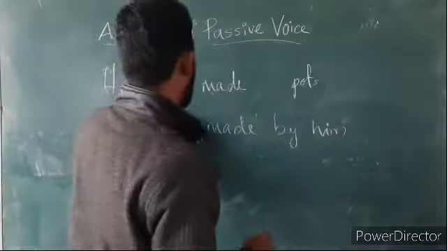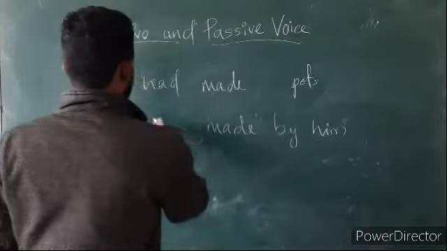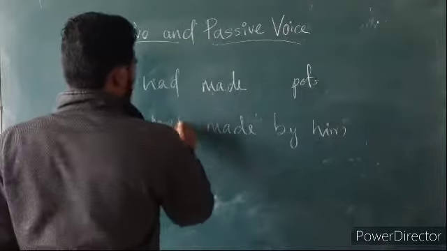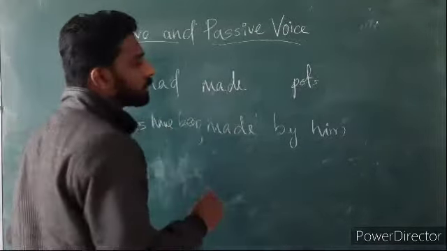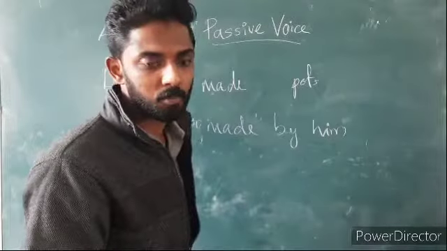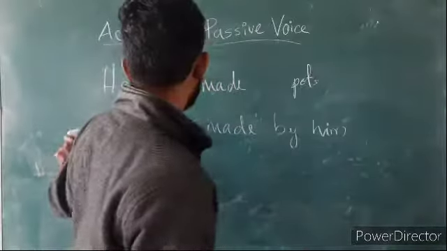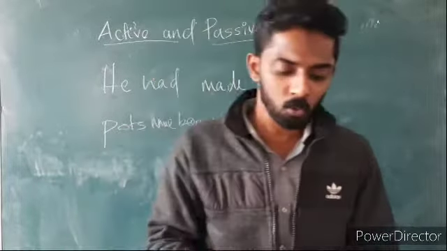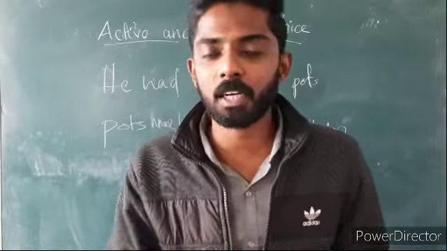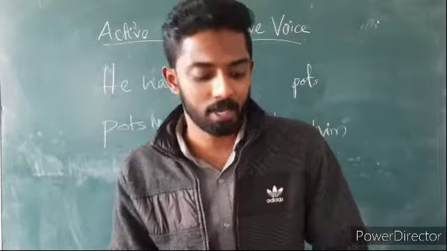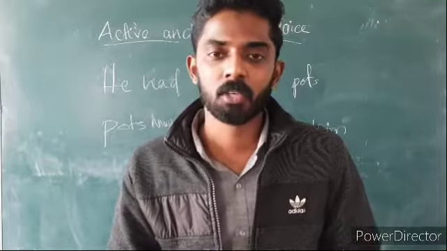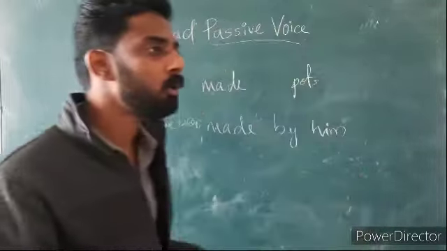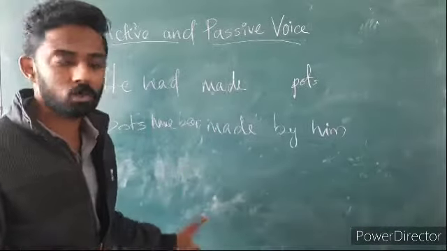So these are the types of conversion which happen in the tense. For the perfect continuous tense, there is no passive form. This is the same with regard to past as well as future.